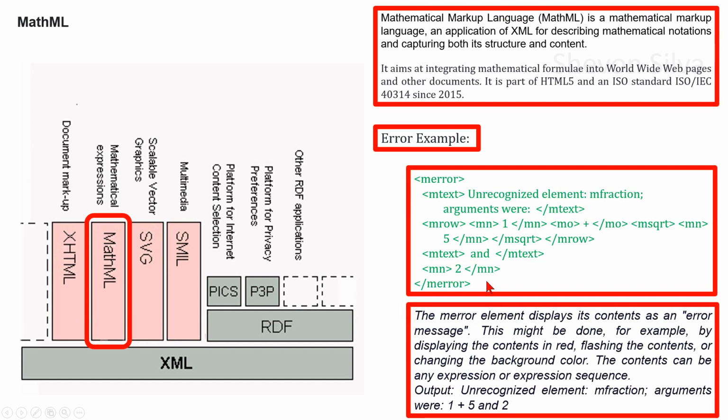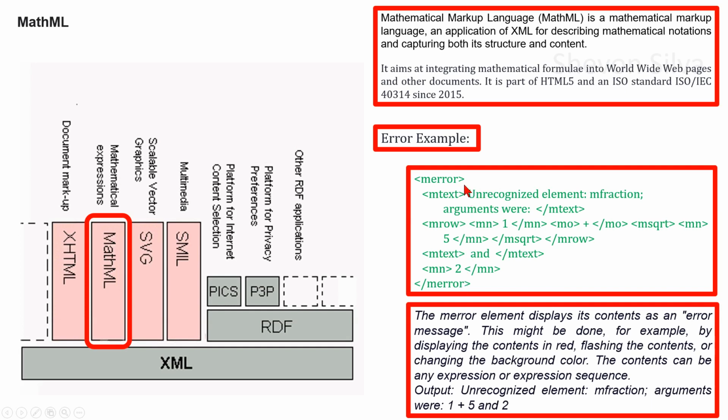As an error example, we can consider this code segment. The error element displays its content as an error message. This might be done, for example, by displaying the content in red, flashing the content, or changing the background color. The contents can be any expression or expression sequence.